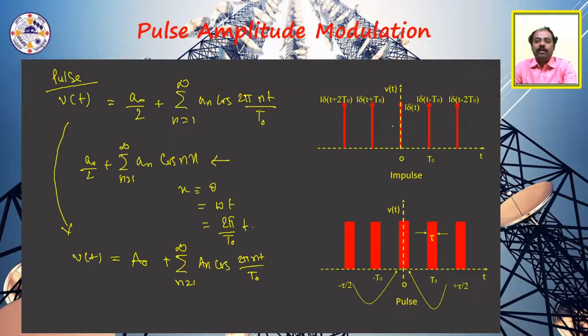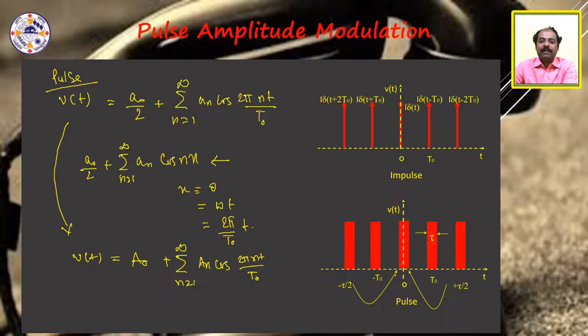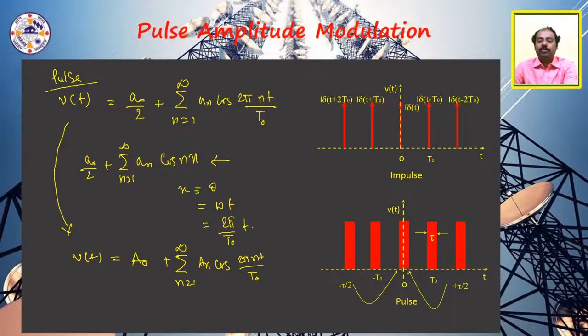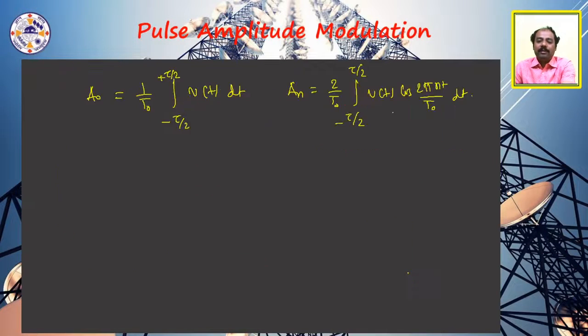Okay, and you can see that this extends from minus tau by 2 to plus tau by 2. This pulse is present in the time scale from minus tau by 2 to plus tau by 2. So we are integrating from minus tau by 2 to plus tau by 2.